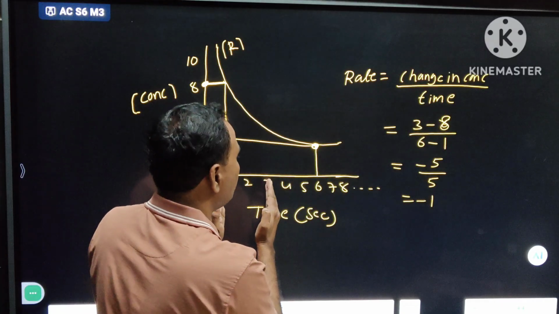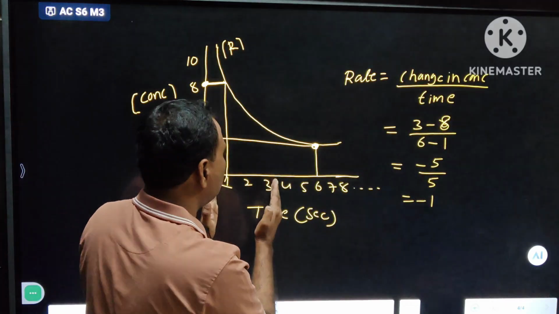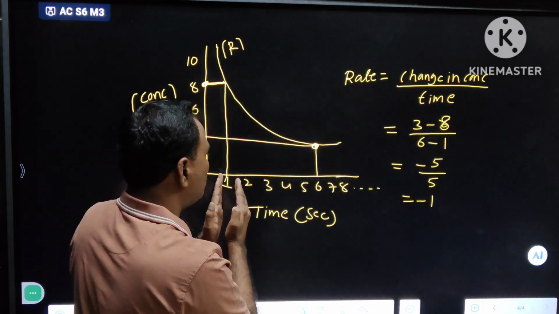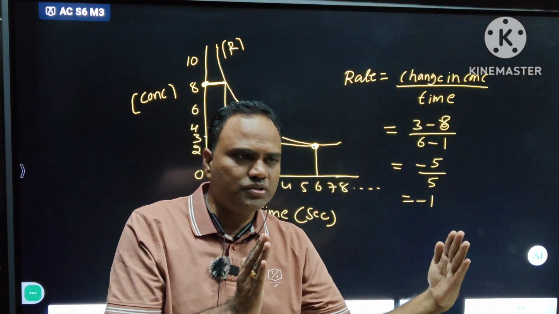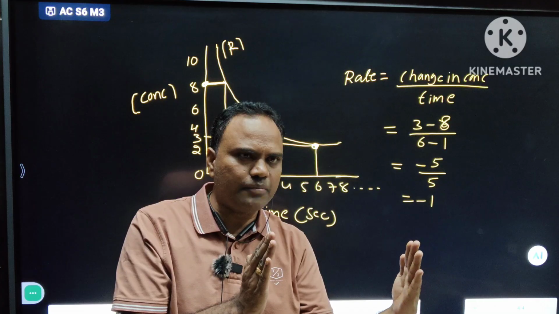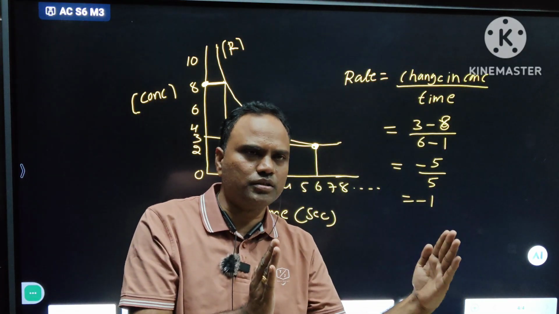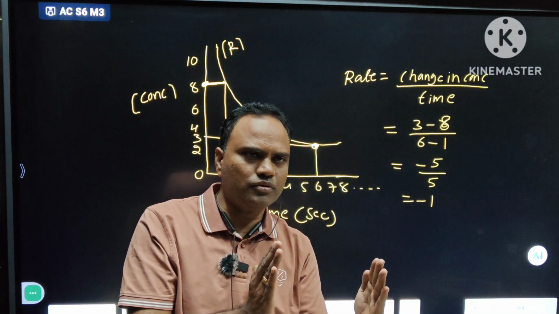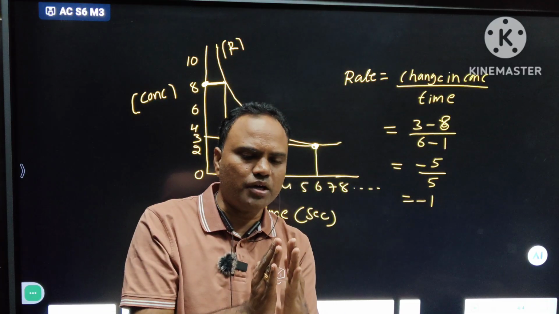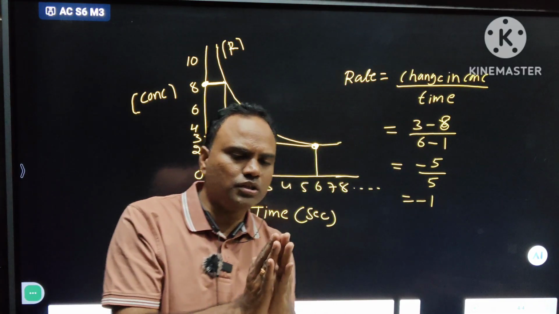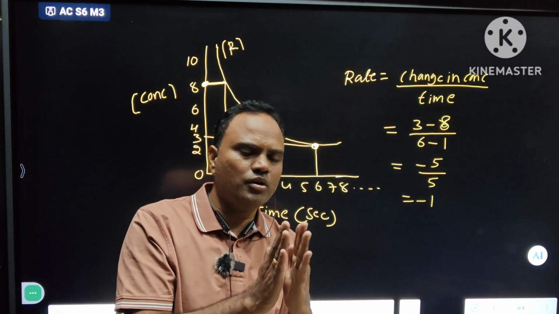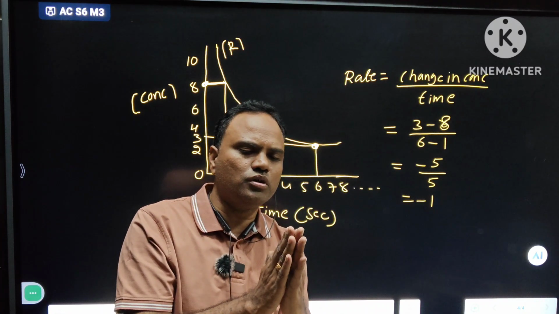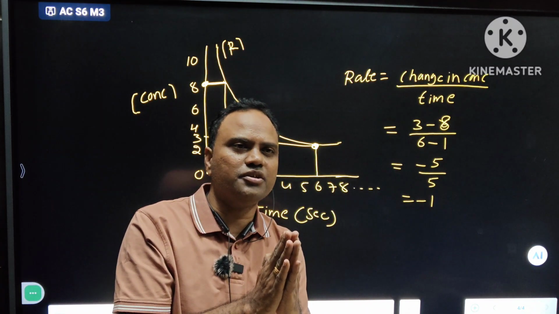Yes. Between 1 and 3? Yes. Between 1 and 2? Yes. Between 1 and 1.5? See, I am just decreasing the time interval. Now the time interval is very small, which means the two points are almost joining together.